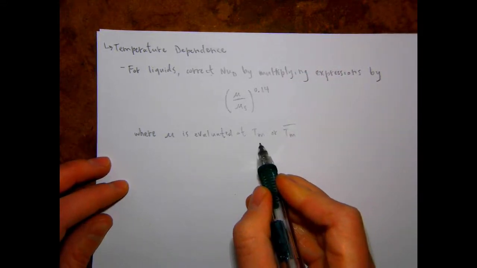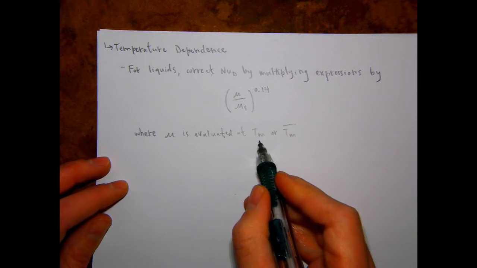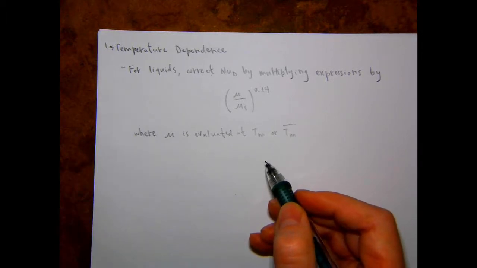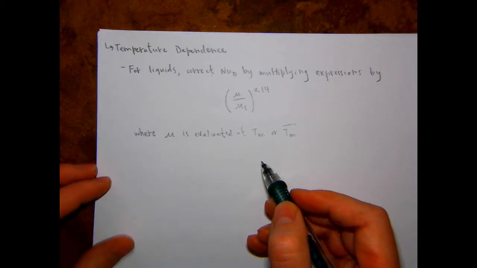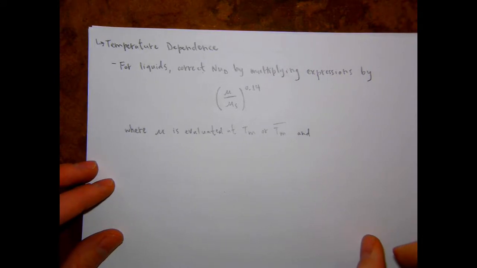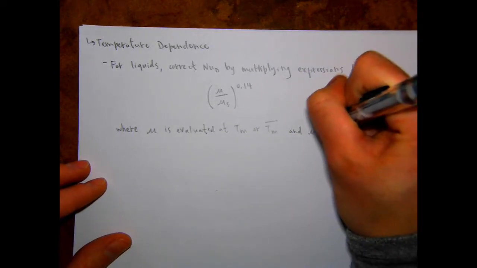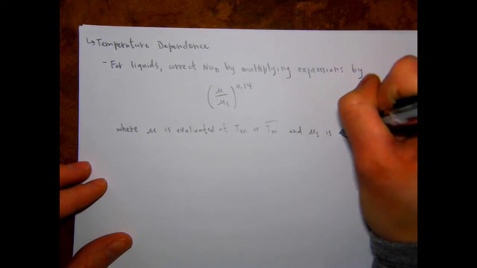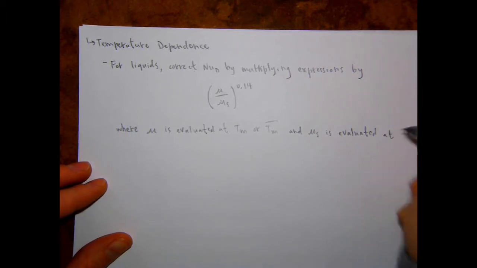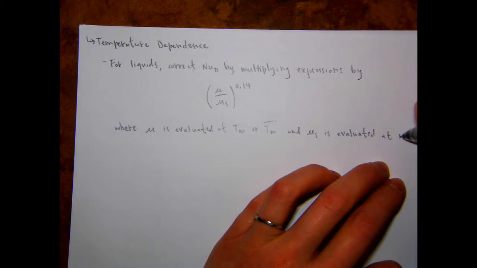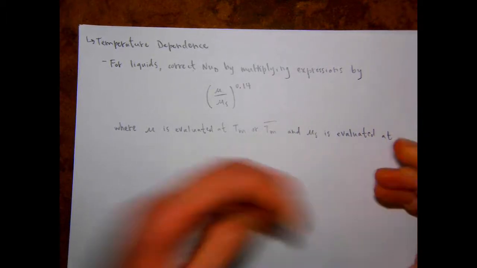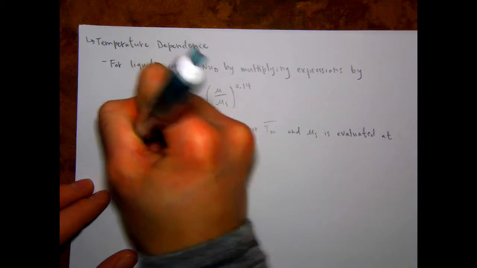Mu and all of the rest of the fluid properties are evaluated at either the mean temperature or the average mean temperature, depending on if it's a local or an average correlation. And mu sub s is evaluated at the surface temperature or the mean surface temperature.